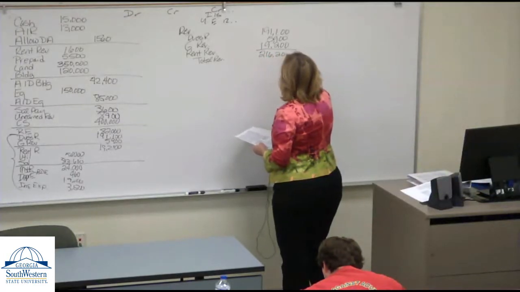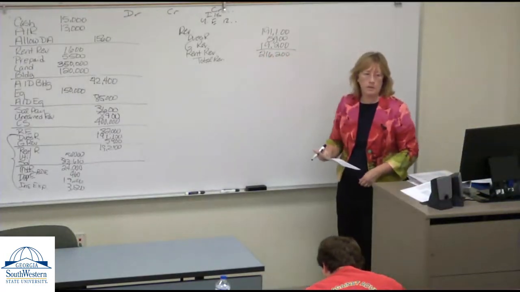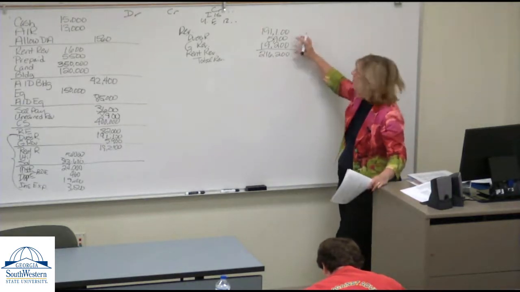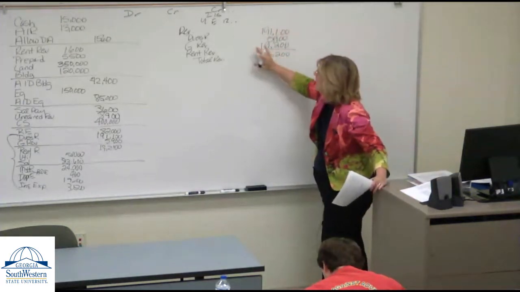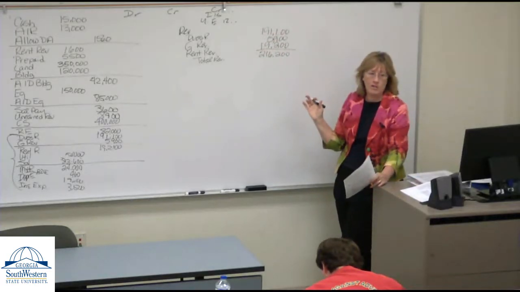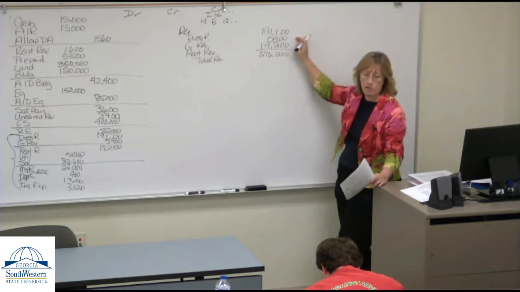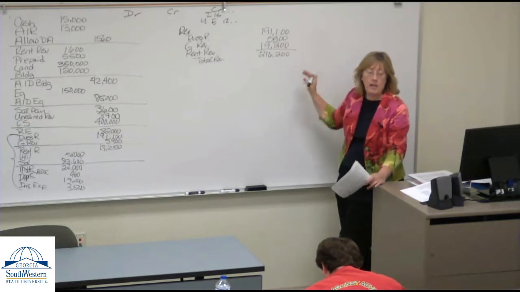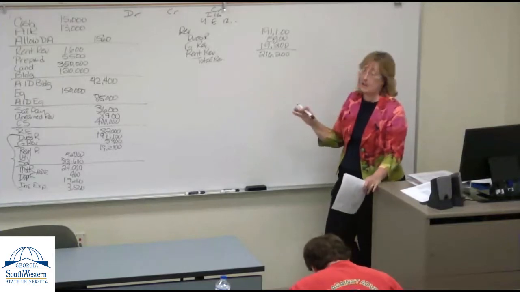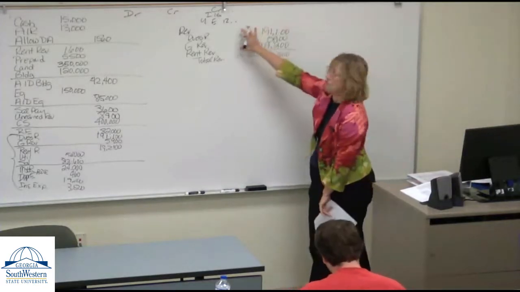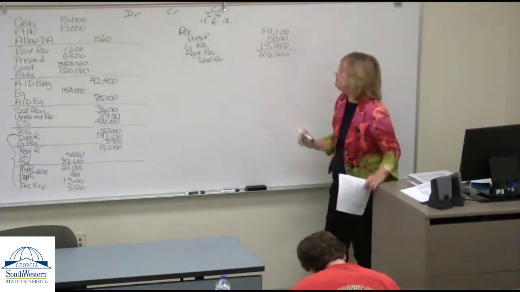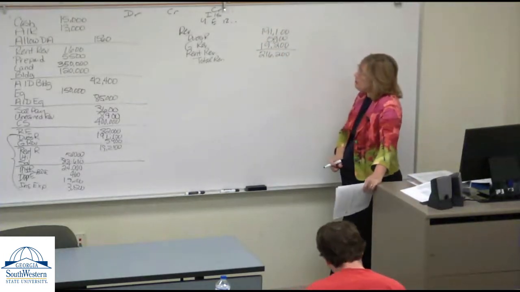You could put the three numbers in the middle and then the total over here, but this is kind of picky. Some people start with the first numbers on the right side, but the expenses we're going to put in the middle. So it's up to you about that. The revenues could either be here or here. The expenses would always be over here.